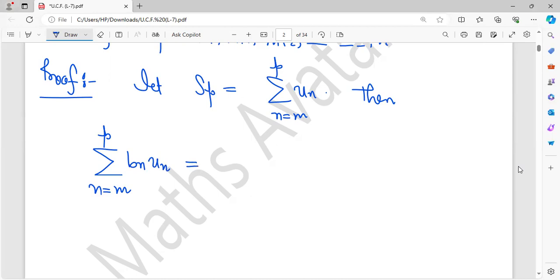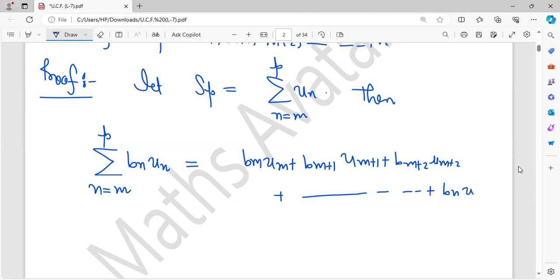I can expand this summation: Bm Um plus Bm plus 1 Um plus 1 plus Bm plus 2 Um plus 2, up to Bp Up.